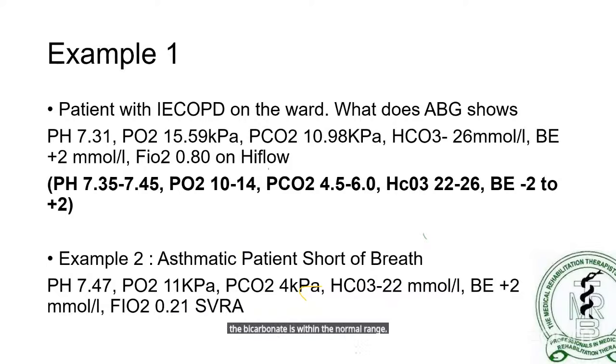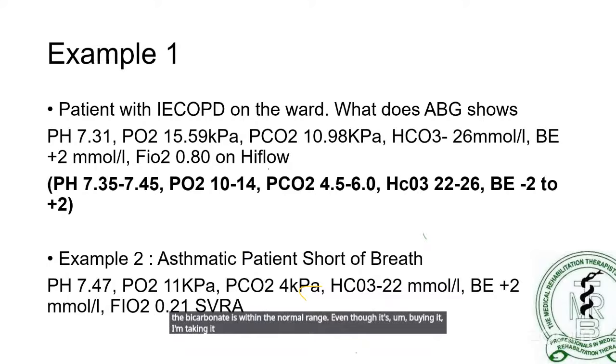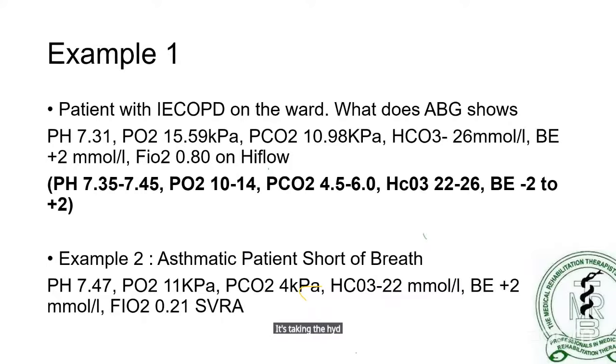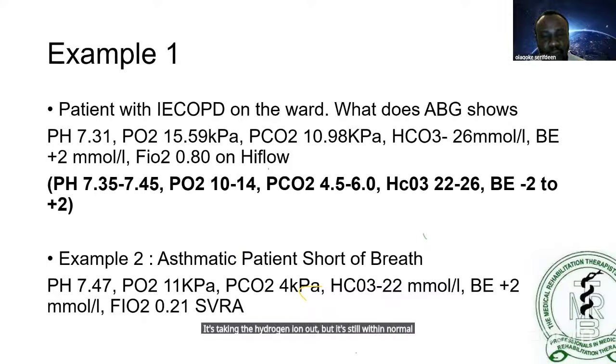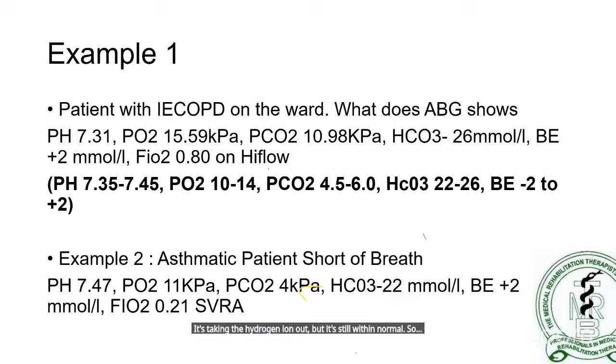It's taking the hydrogen ion out, but it's still within normal. The PO2 is also a bit high, because the range is 10 to 14 but this patient has about 15.59.